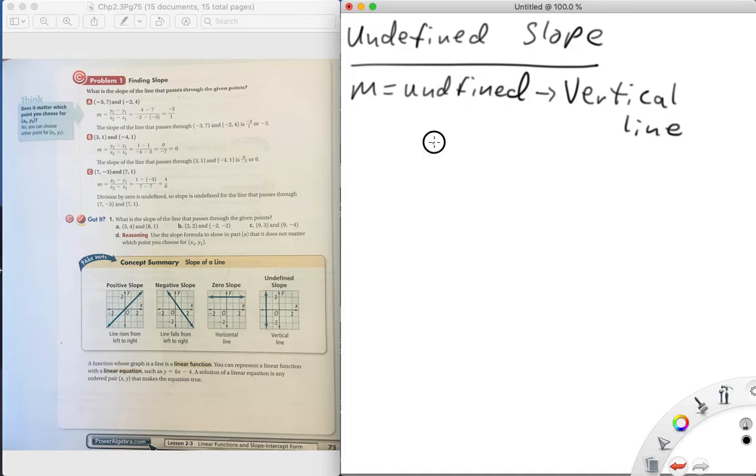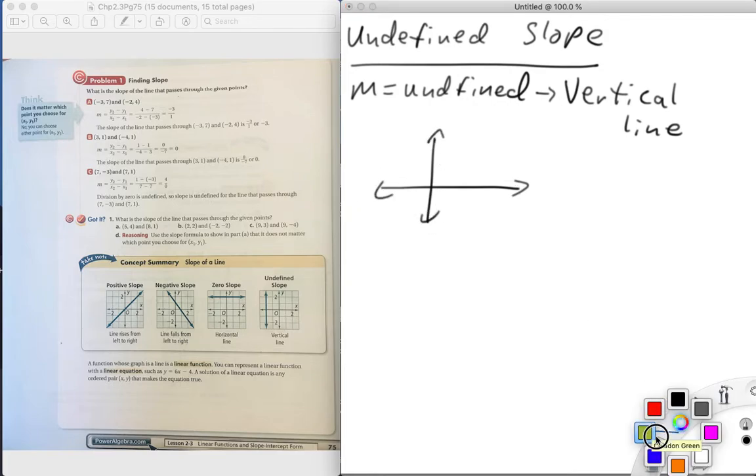So as we do our vertical lines, let's do our 2 again. So 1, 2, we have our line at 2. Again, in the case of a vertical line, the x doesn't change.